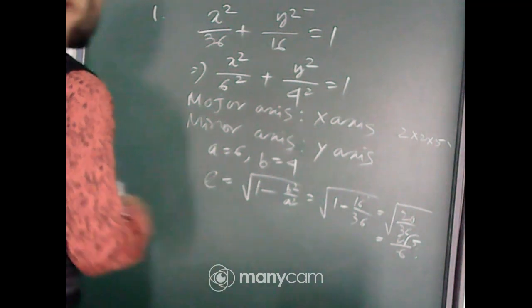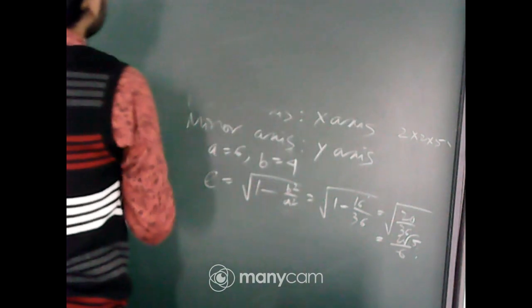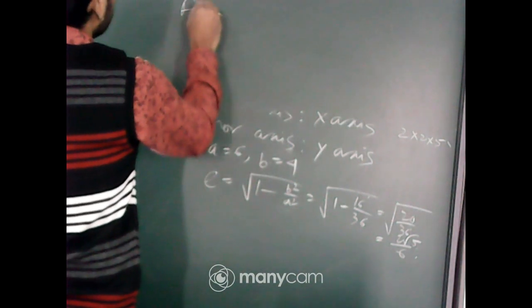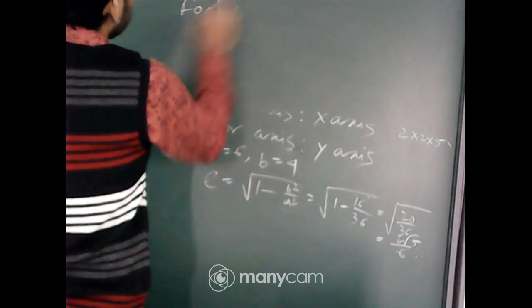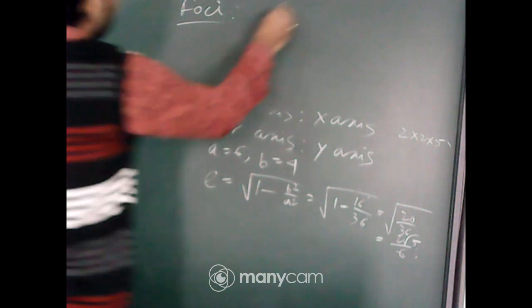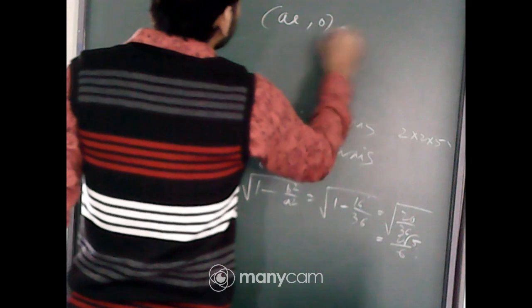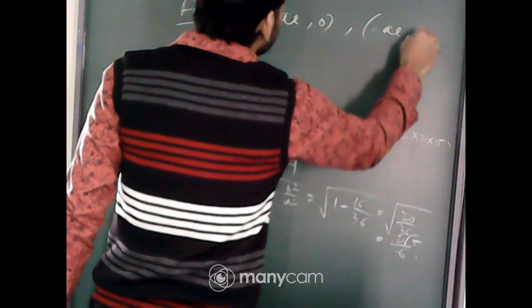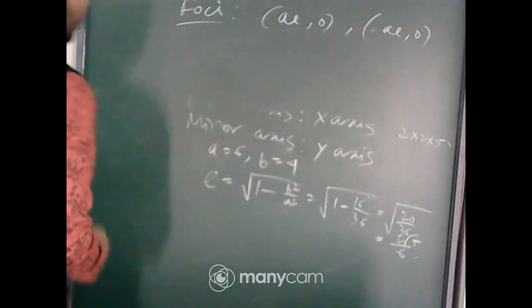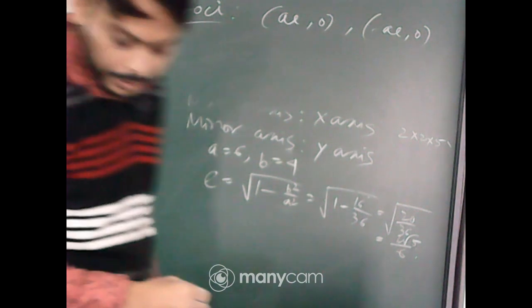Now the foci, in plural it is foci, ae comma 0 and minus ae comma 0. Or you may write plus minus ae comma 0.